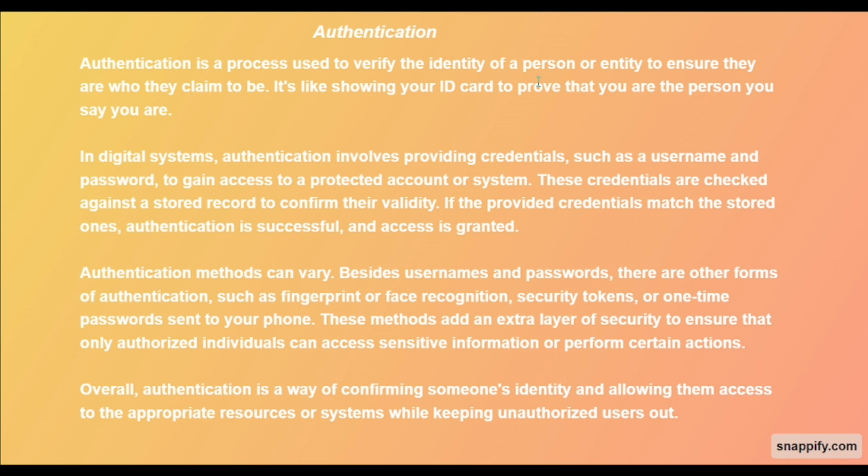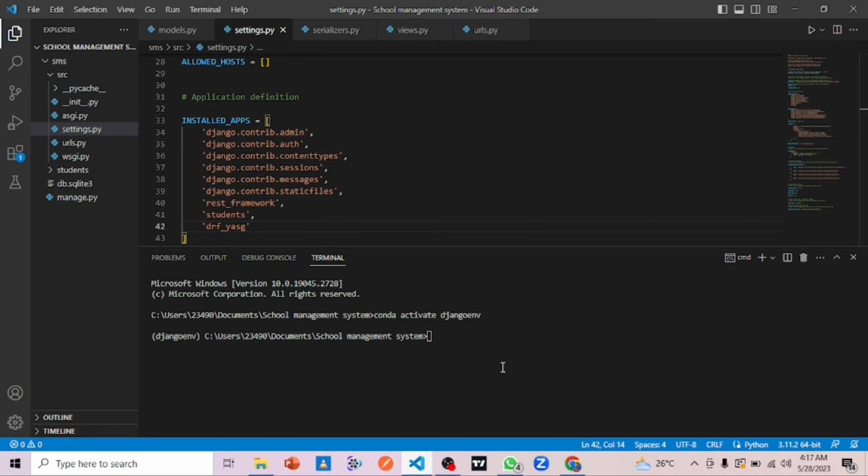Now let's move on to our code editor so we can get started. So now here we are in my code editor. I have a simple Django project. It is a school management system. This is my settings.py and I have a student application within this project.